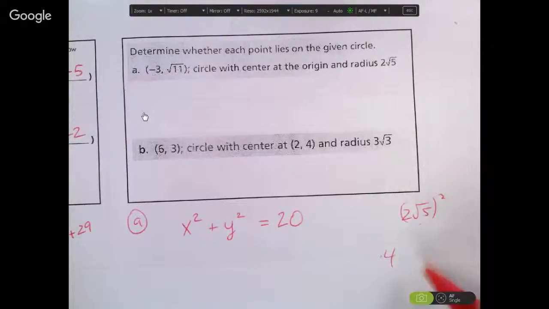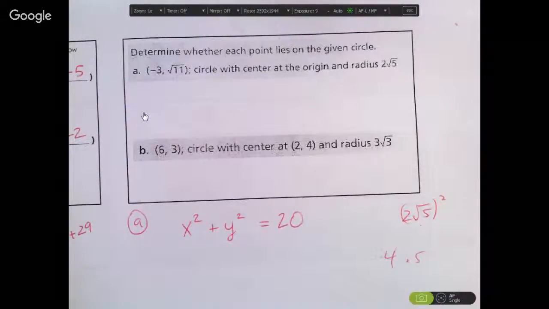Radical 5 squared is 5. He's still a little confused, but does that work? Do you see that? So let's say it was 7 radical 2.